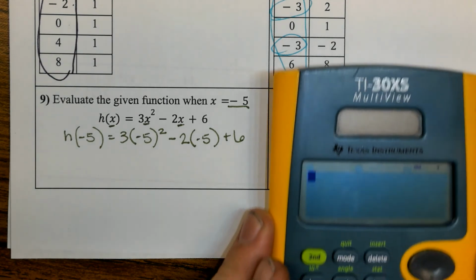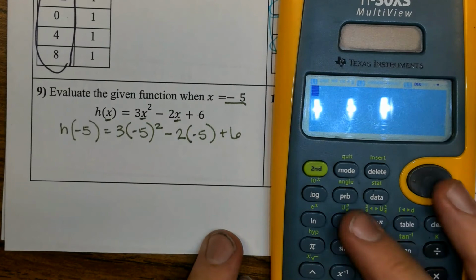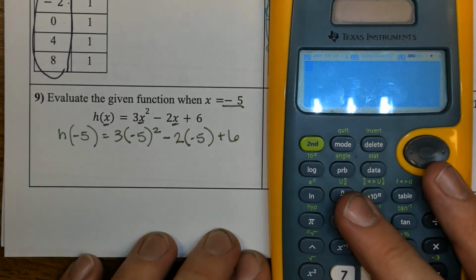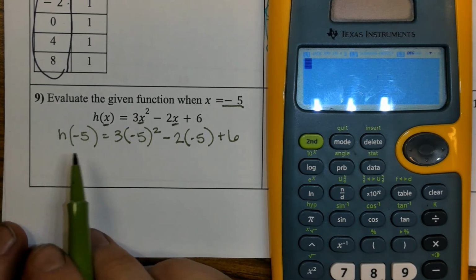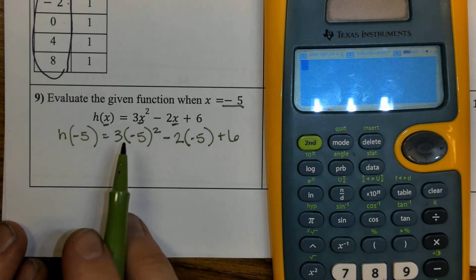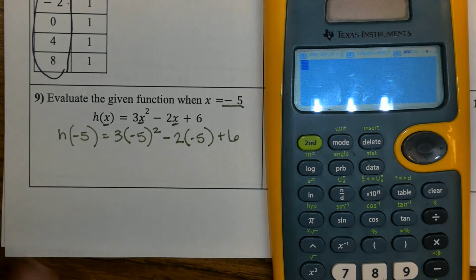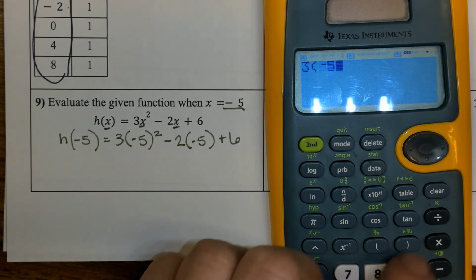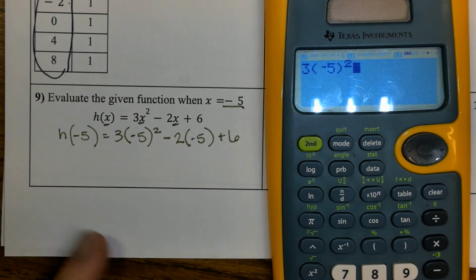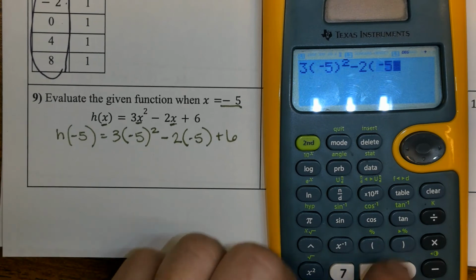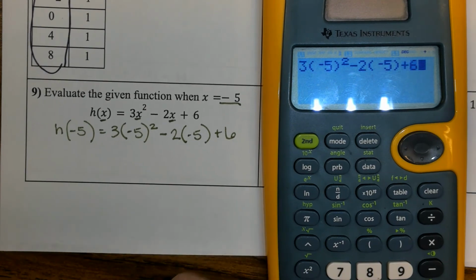So here is my calculator. Okay, I just use these most of the time. I don't use the other ones very often. But I'm just going to type in, now I don't want to type in h of -5, that's not going to do anything. So you start after the equal sign, so I'm going to do 3 parentheses -5 parentheses squared minus 2 parentheses -5 and then plus 6.